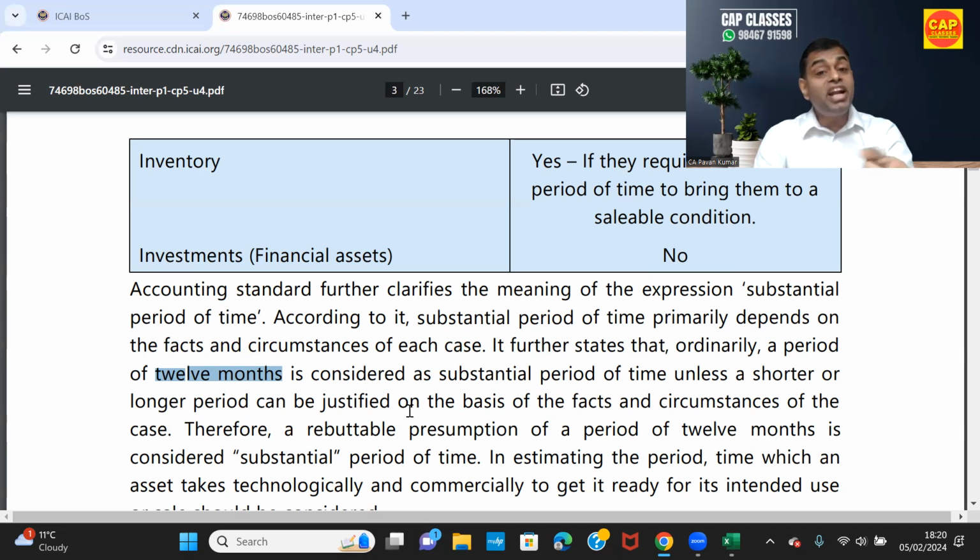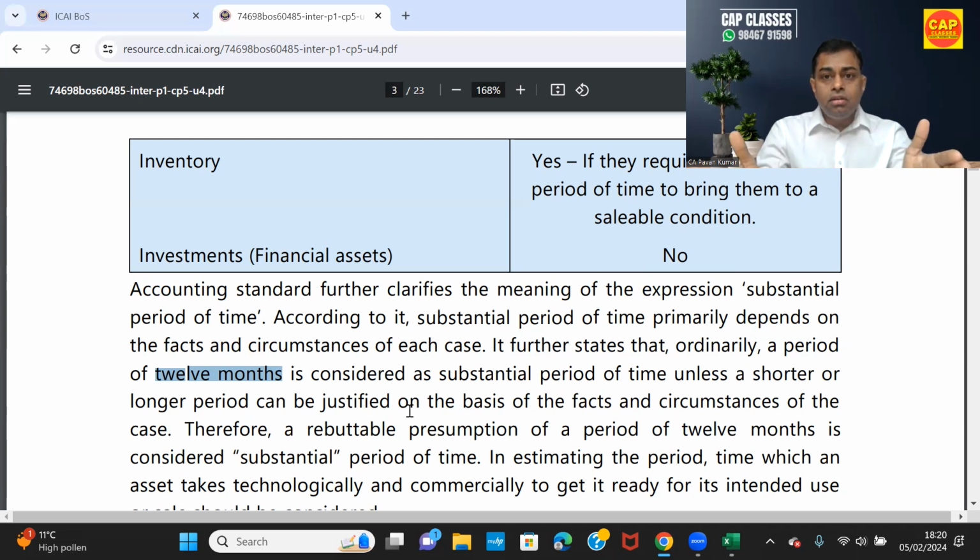Do you know what the interpretation says? This is from the IFRS interpretation. There is something called IAS 23, which is borrowing cost, International Accounting Standard 23, which is a part of IFRS. Do you know what they said? There is an example. Now imagine the asset, the building construction, takes 15 months.